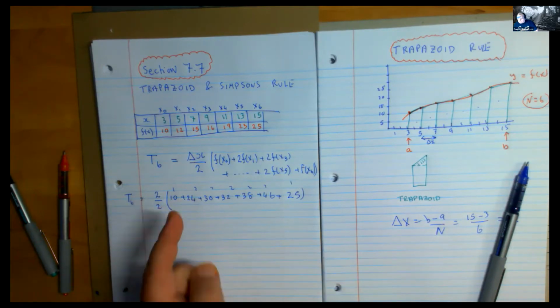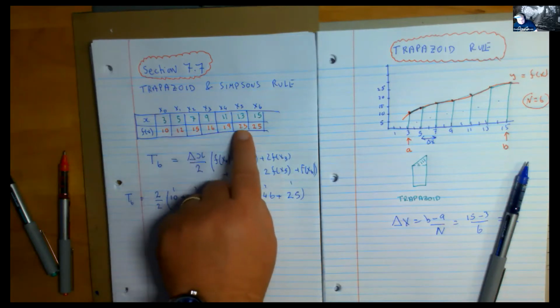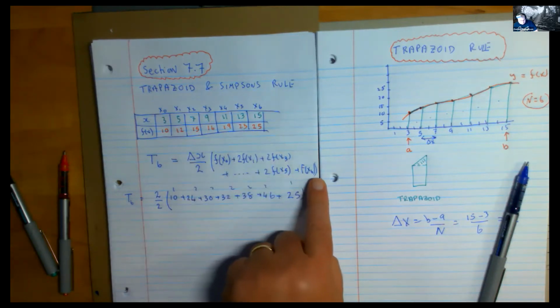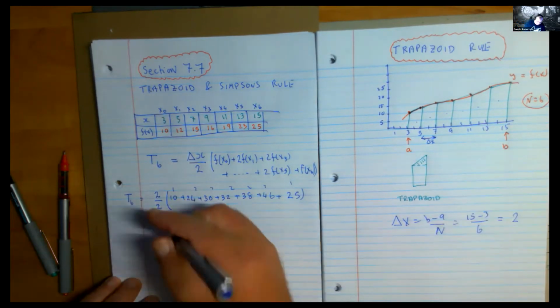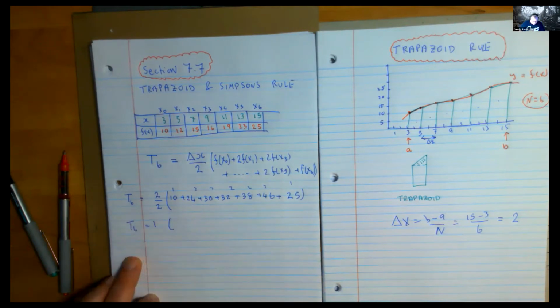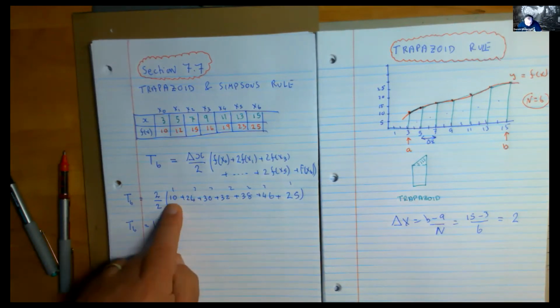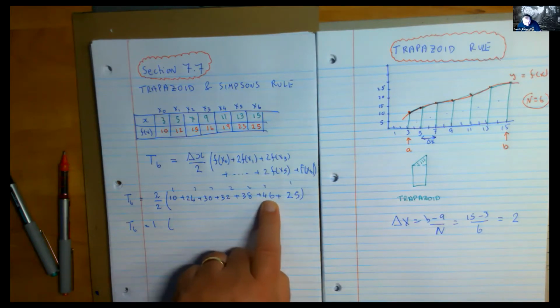You take the value of the function at the first point, double all those in the middle, and 1 at the end, add the whole thing up and multiply by delta x over 2. Now in this case, 2 over 2 gets me 1. And if I add this up, what do I get? 4, 6, 14, 25.